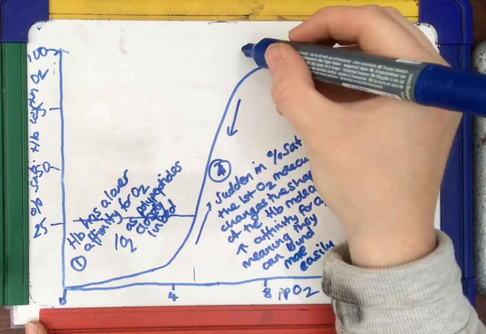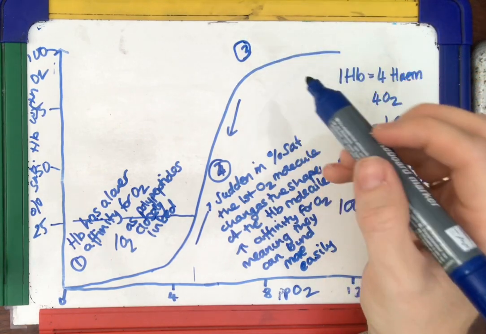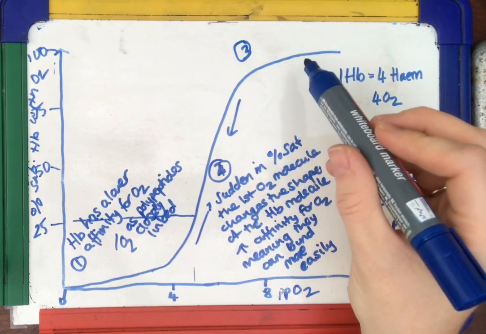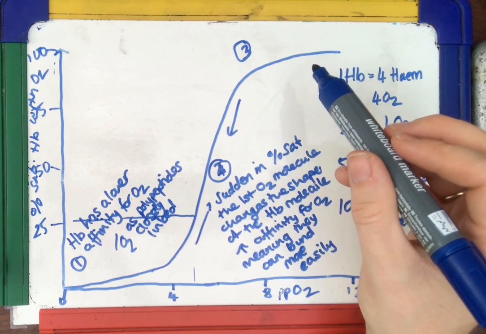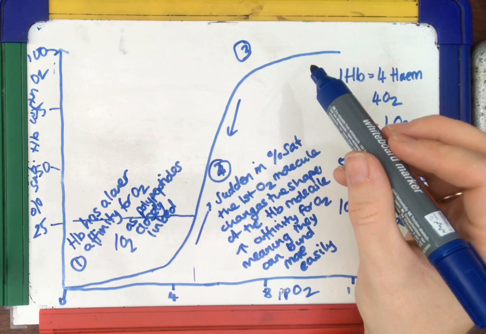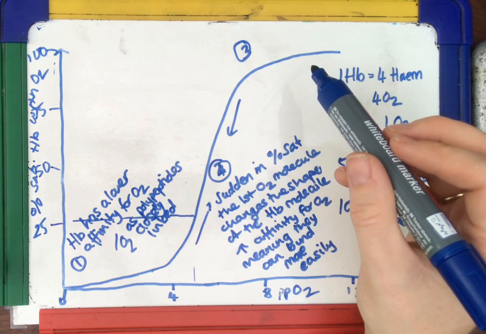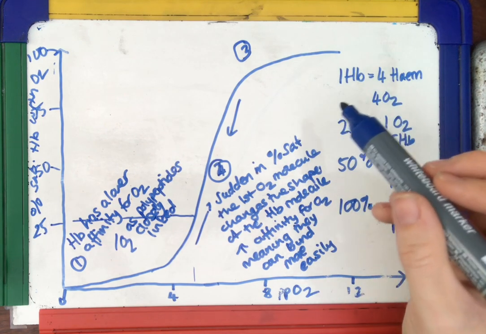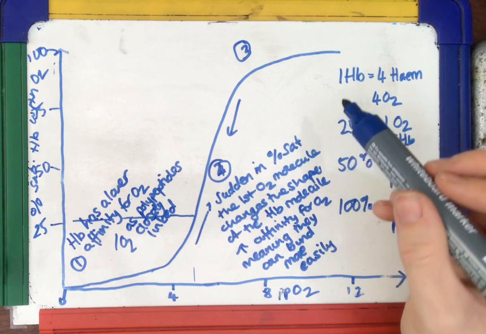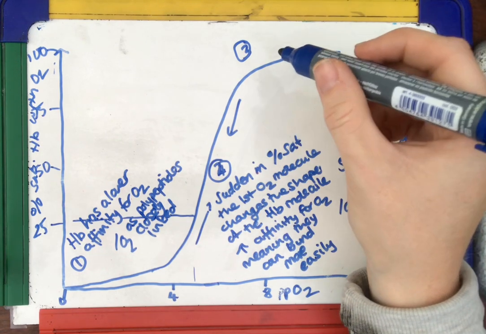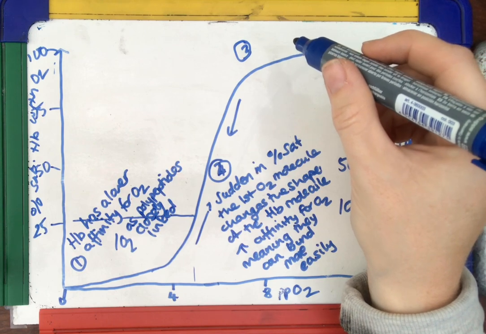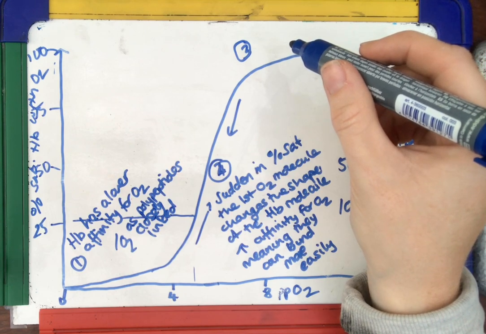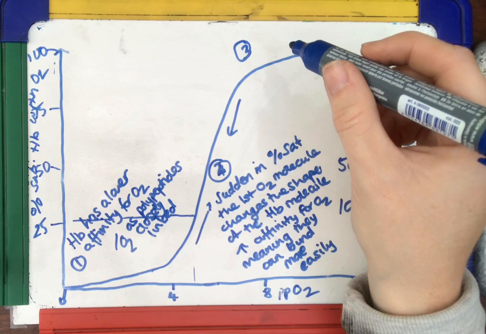Okay, and then the third part of the graph here is when more oxygen is binding, and this is because it's harder again for the final oxygen molecule to bind. The reason why it's harder is not because it changes shape, it's just the law of chances basically.